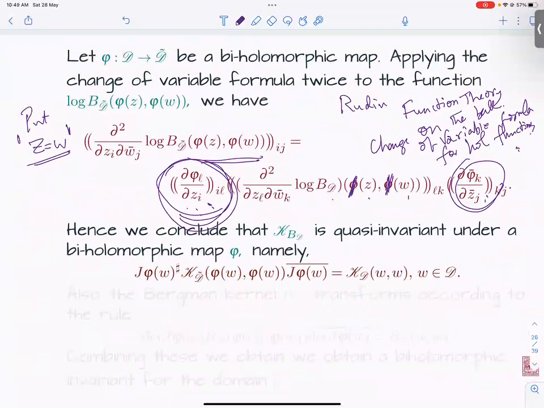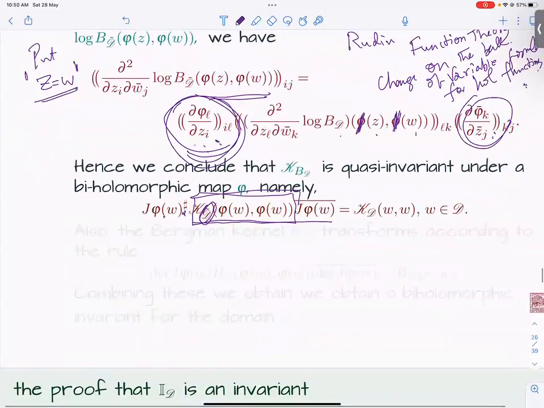If you want to write it without this matrix form, and here it is written correctly, the curvature, which is actually this d_i d_j bar log and all of that, so this is the curvature at phi(w), phi(w) of the domain D tilde in the image, adjusted by the full derivative of the function phi with a transpose, times the derivative of the function phi with a conjugate, is actually equal to the curvature of the original domain D. That's the transformation rule for the curvature.